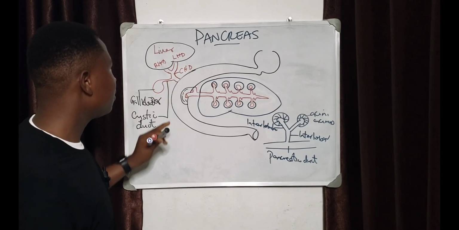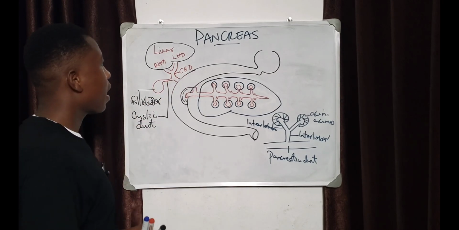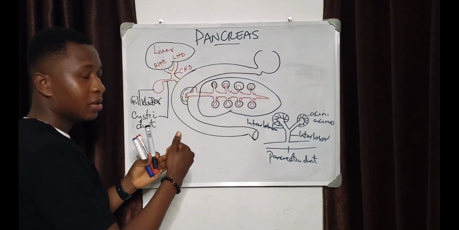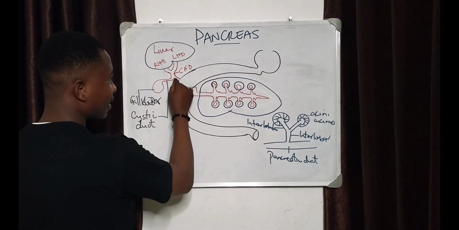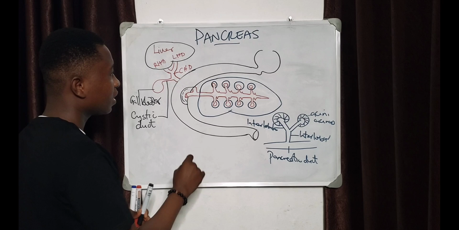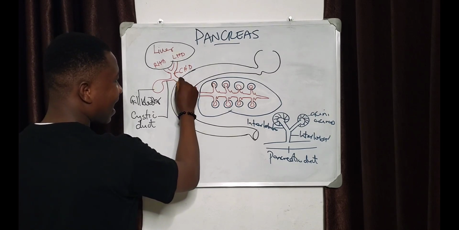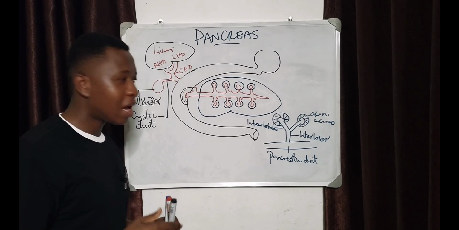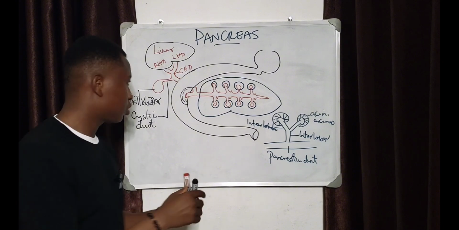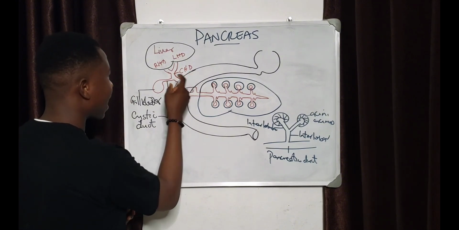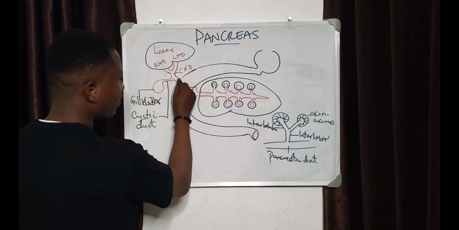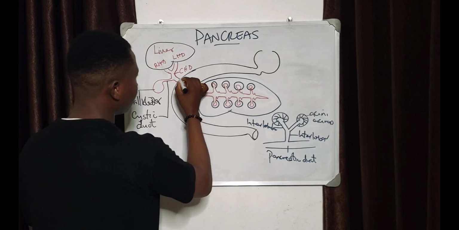Now, the cystic duct and the common hepatic duct meet together at a point that opens up to another duct known as the bile duct. So the common hepatic duct and the cystic duct make up the bile duct, which is this duct here.